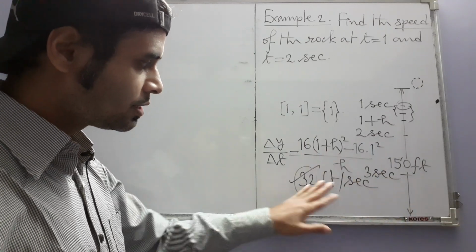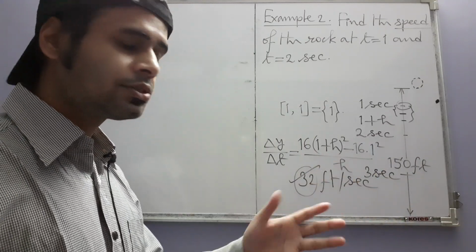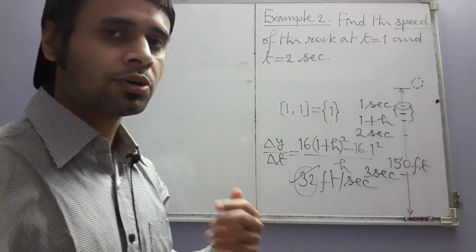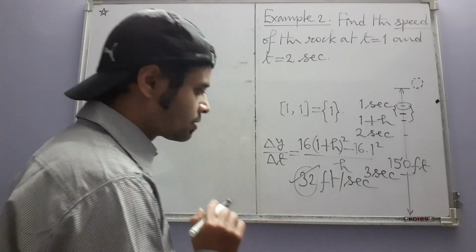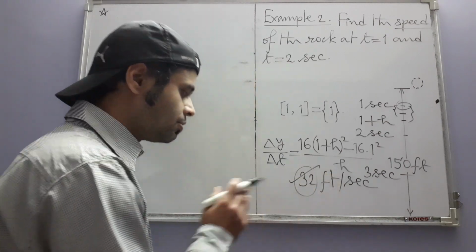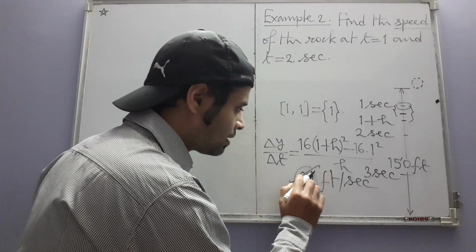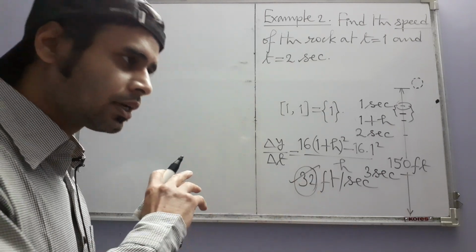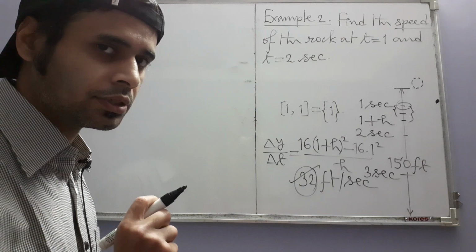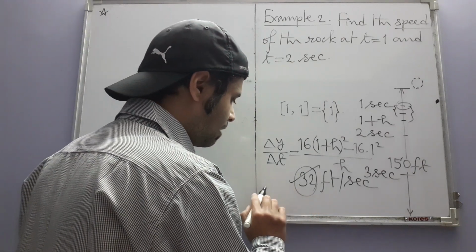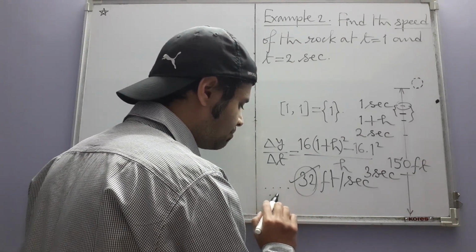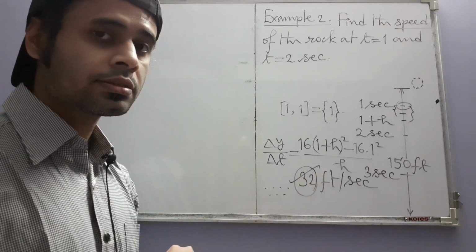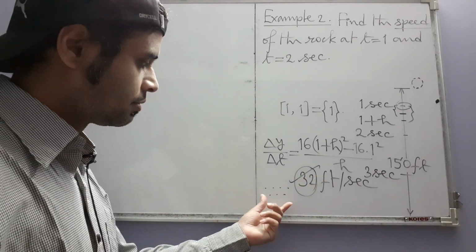In this example this is 32, but in general we still don't know, because we do not have any definition for limit yet. But still we can look at this whole situation like this. Whatever this 32 ultimately turns out to be, in our general definition, the average speeds are as if they are approximations to this instantaneous speed.